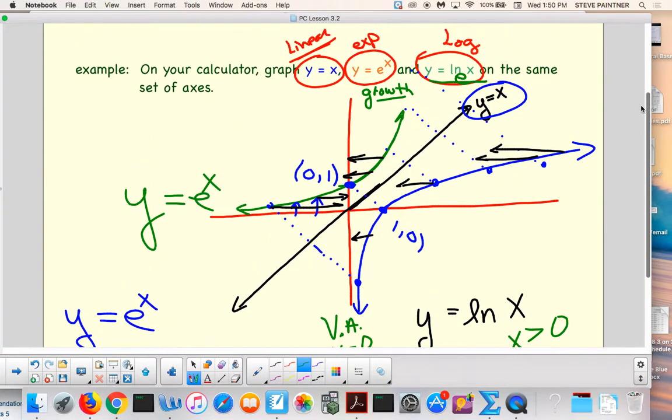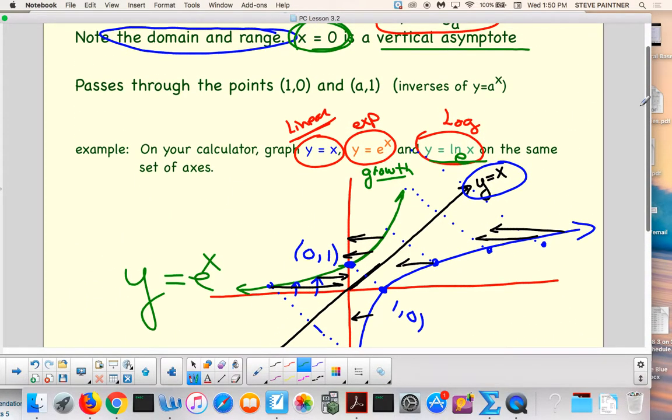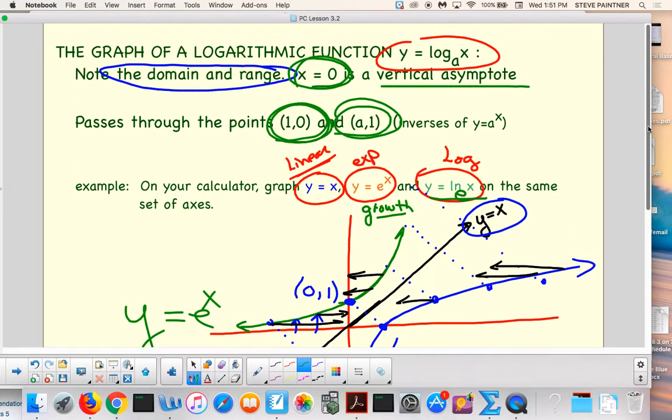Did you also notice this? This is weird, but it's true every time. Your logarithmic function passes through the point (1, 0) and what other point? (a, 1). What's this a? Let me go back up there. Right here. A is your base. Whatever your base is, you're going to go through that point.